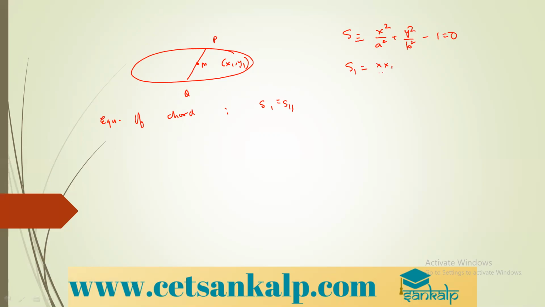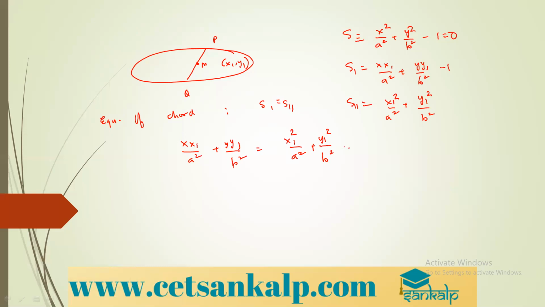S1 will be xx1/a² + yy1/b² − 1. In the same way, S11 will be x1²/a² + y1²/b² − 1. So when I say the equation of the chord whose midpoint is (x1, y1) is S1 = S11, I mean xx1/a² + yy1/b² = x1²/a² + y1²/b². This is the equation of the chord.